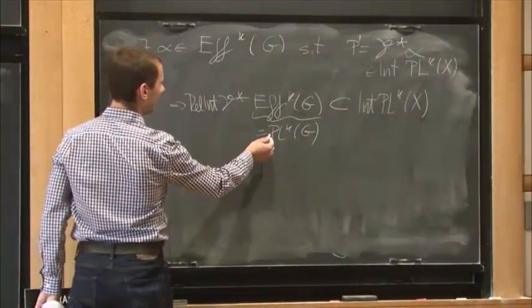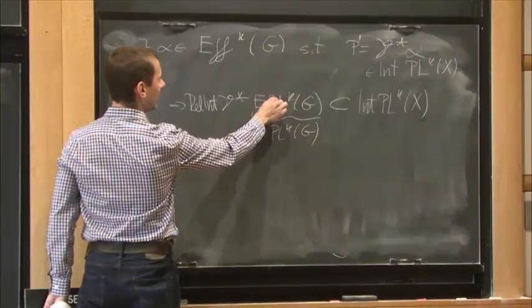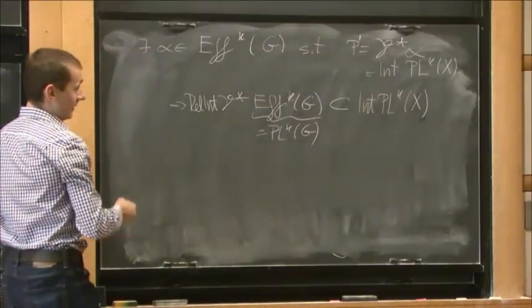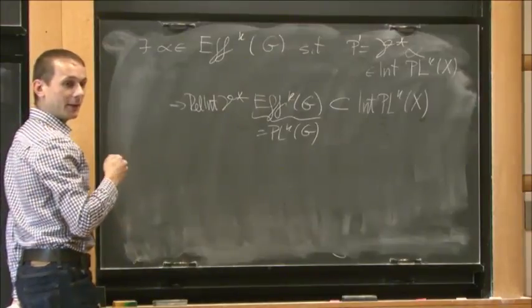Okay, but the Pliant cone here coincides with the pseudoeffective cone, and I said that the complete intersection classes are in the interior of the pseudoeffective cone.